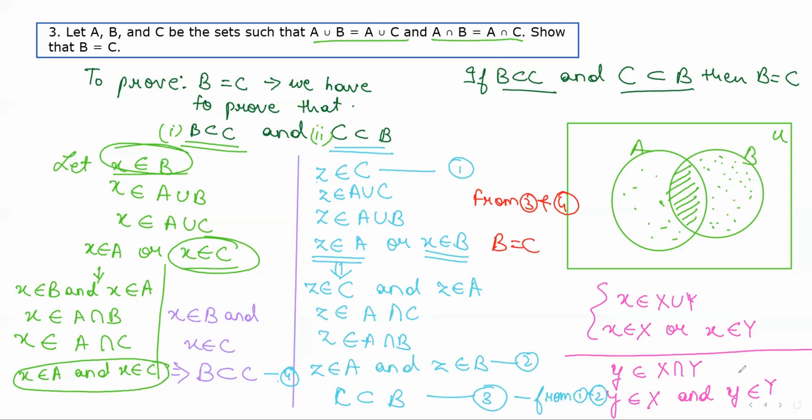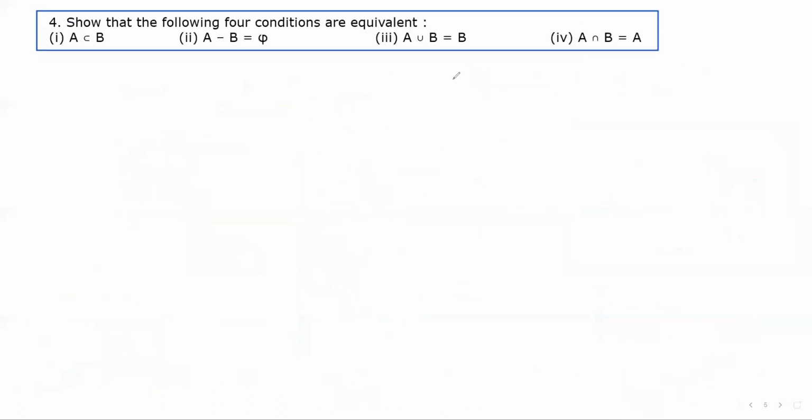Next. Show that the following 4 conditions are equivalent. When you say that they are equivalent, we have to prove that condition 1 is equivalent to condition 2, is equivalent to condition 3, is equivalent to condition 4.